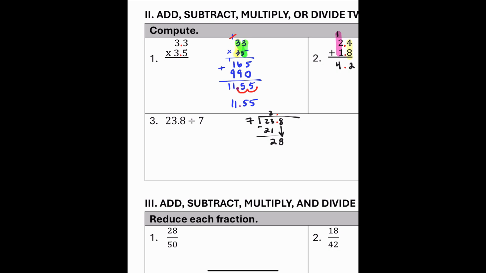Well, 7, 14, 21, 28. 7 goes into 28 4 times, okay? So 7 times 4 is 28. So it's going to be minus 28, and that's just going to be 0. So the answer is 3.4.